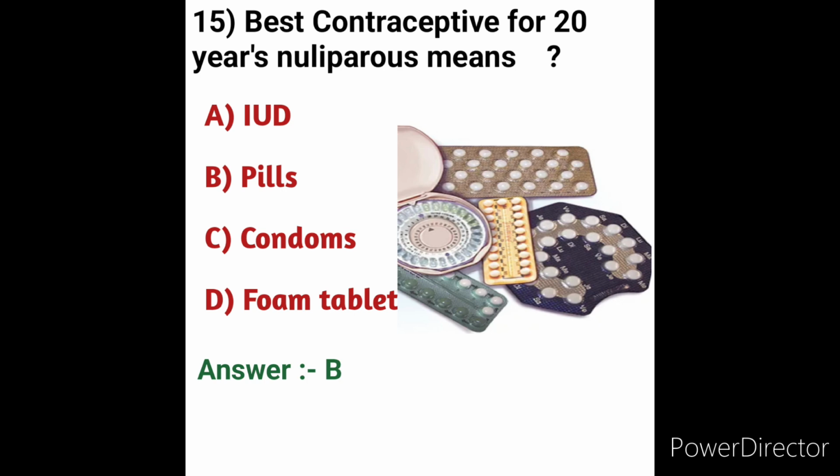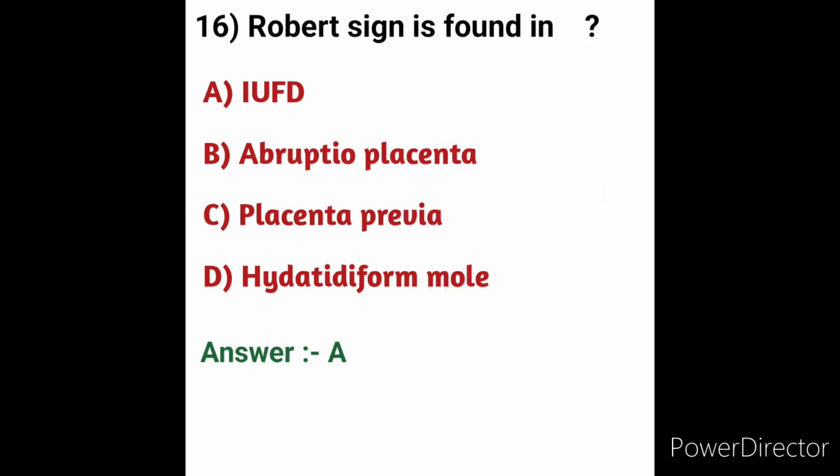Next, move on to question number 16. Robert's sign is found in: option A, IUFD; option B, abruptio placenta; option C, placenta previa; option D, hydatidiform mole. Option A, IUFD, intrauterine fetal death, is the correct answer.